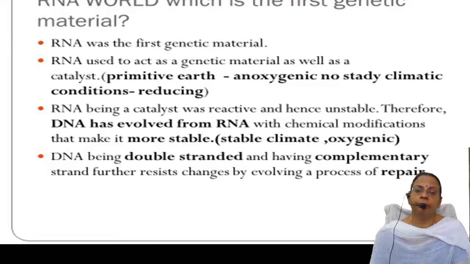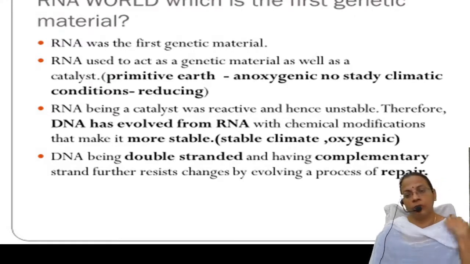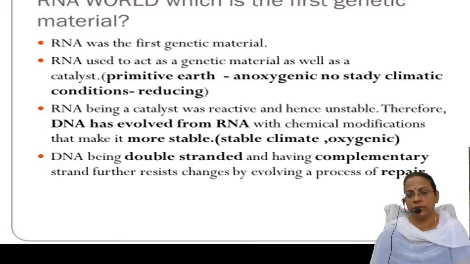So what are the main reasons for why initially there was RNA for organisms and later why it was replaced by DNA? Was there any relation or any significance for that?